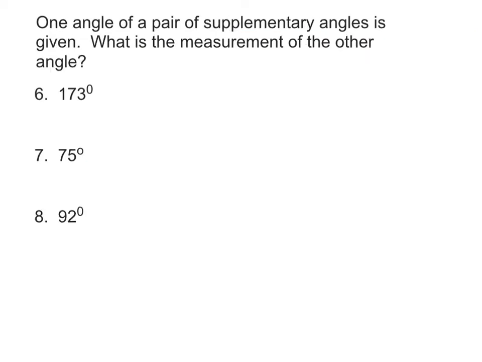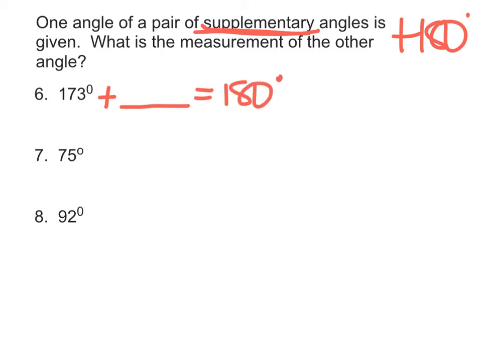Alright. These are one angle of a pair of supplementary angles. Okay, and remember supplementary angles add up to equal 180 degrees. So what is the measurement of the other angle? So for number 6, we have 173, and we want to add an angle to it, and that should equal 180 degrees.